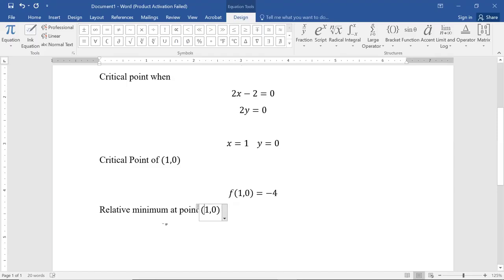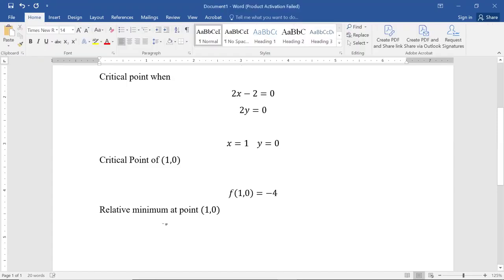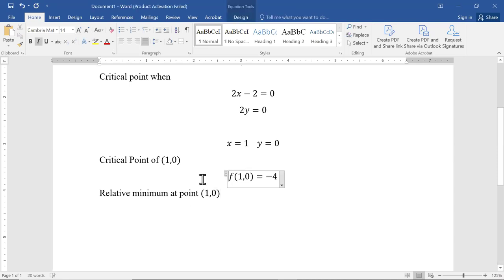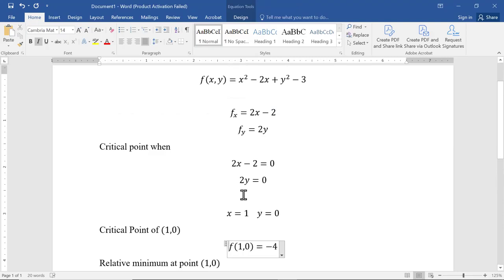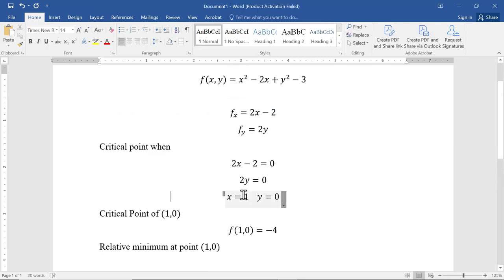Okay, we saw that visually. Now, we'll see later that there are actually algebraic methods to decide when we have a relative minimum or a relative maximum or something else. But for right now, our graph will do. We can see we have a relative minimum at that critical point.